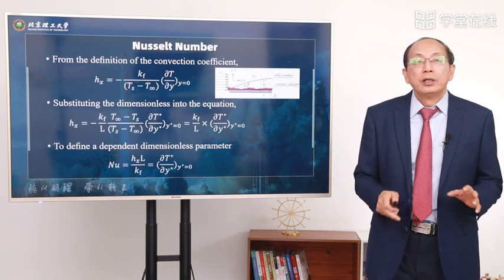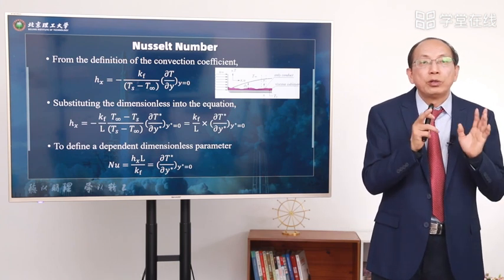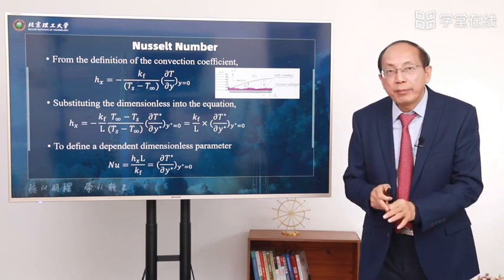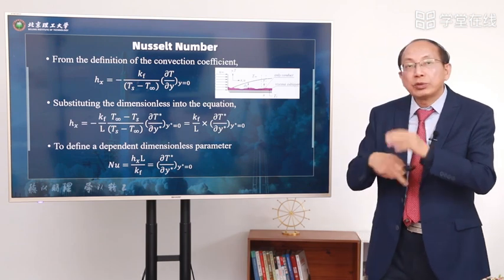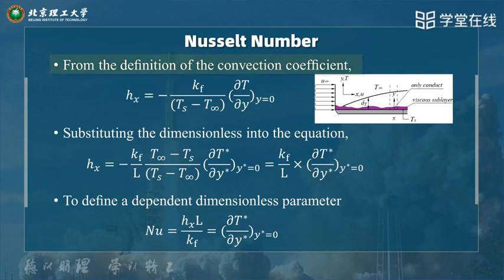Okay. About the two numbers, the Nusselt number, Reynolds number, and Prandtl number, we can give some discussion. The first number is the Nusselt number. From the definition of the convection coefficient, on the last several pages we have obtained hx equals minus kf over ts minus t infinite times partial t partial y when y is 0.